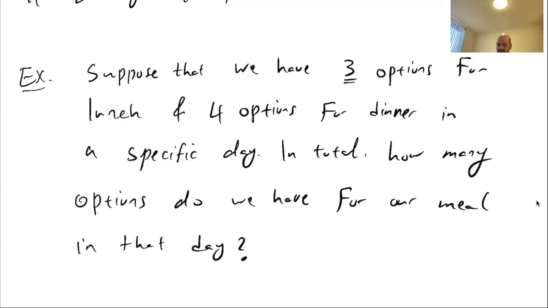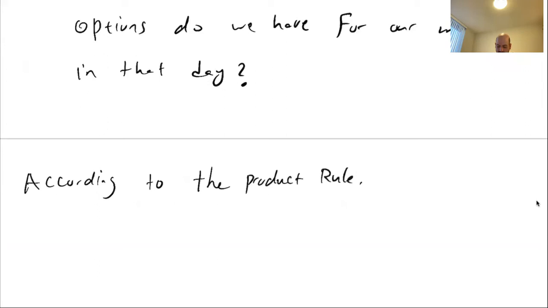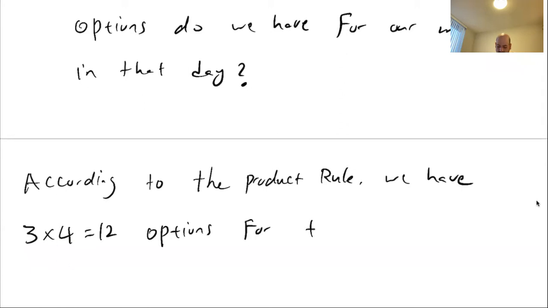So let me explain this. Let's see why. According to the product rule, we have 3 times 4 equals 12 options for the meal.